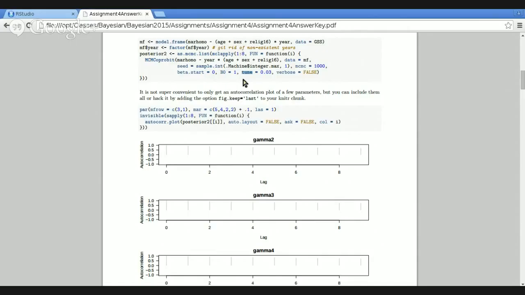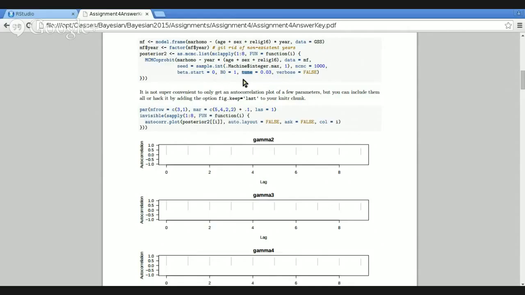By default, if you look in the documentation of MCMC Oprobit, tune is set to 0.05 divided by the number of answer categories in the outcome variable. And that's usually in the right ballpark, but you could change it. So there's 5 answer categories here. So I made tune a little bit bigger than the default in order to get a good acceptance rate.